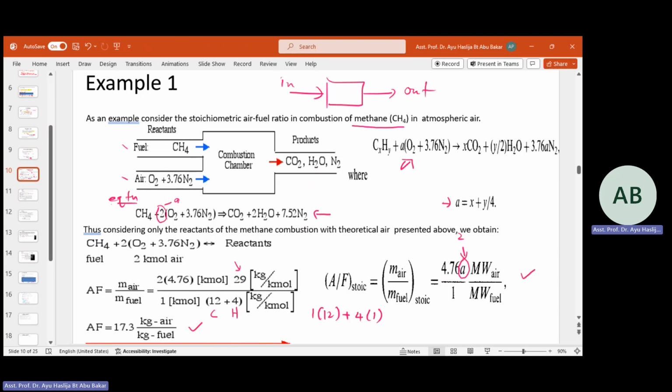Air ini memang common numbers lah, kita akan guna 29. Fix 29. Yang 2 ni yang A tadi.